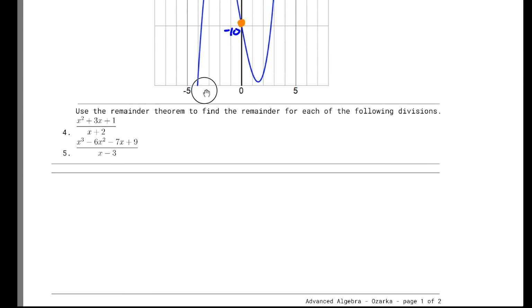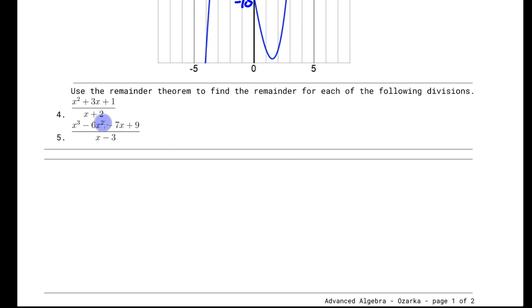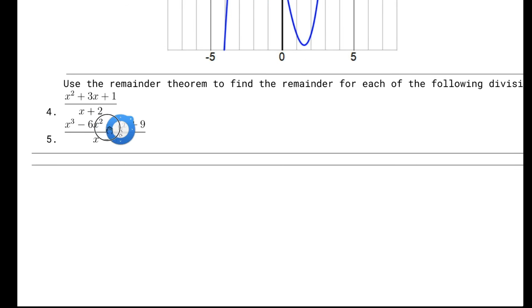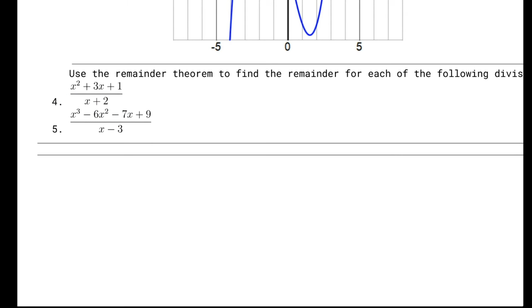Number 4 says, use the remainder theorem to find the remainder of the following divisions. For this bottom part, it's x plus 2. If I set this equal to 0 and solved for x, you would get x equals -2. So what I need to do is put -2 into the numerator of this division.